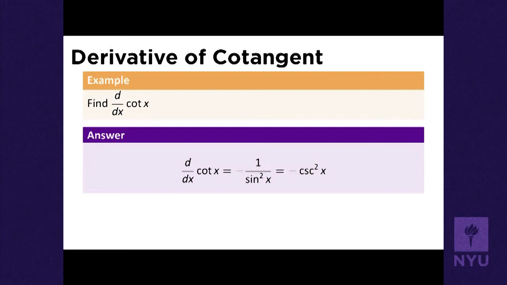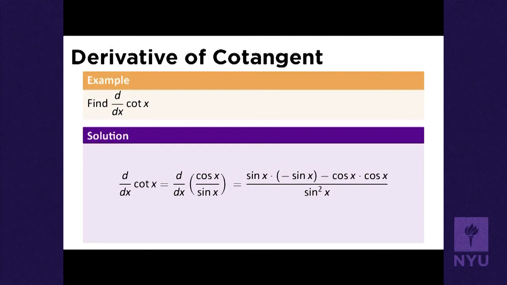Well, if you do it all out, then what you get is something very similar. You get negative 1 over sine squared x. That is, you get negative cosecant squared x. Okay? And why is that? Well, what is cotangent? It's the reciprocal of tangent. It's cosine divided by sine. So you're going to do the derivative of cosine times sine minus sine times the derivative of cosine.